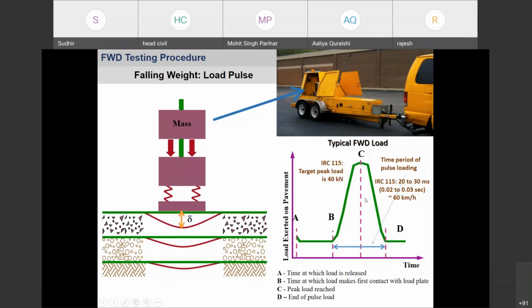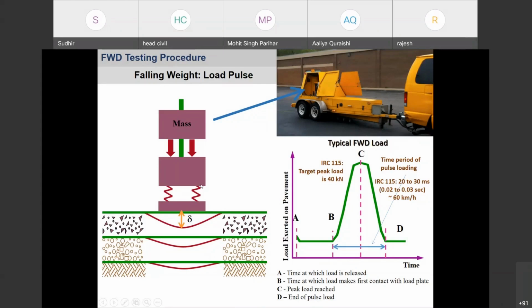So you can see in the schematic there is a time period of pulse loading. In IRC 115 it is considered to be 20 to 30 milliseconds. If you look at older equipment, the time period used to be shorter, sometimes even 0.015 seconds.